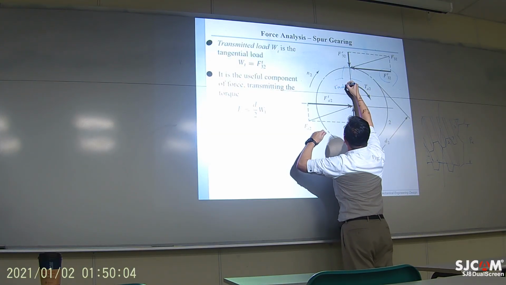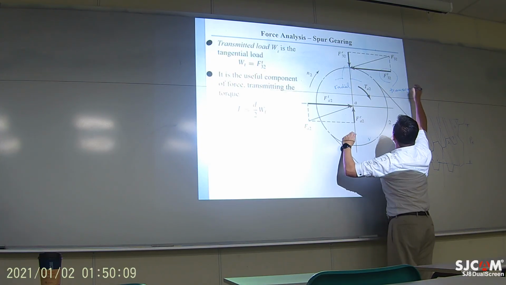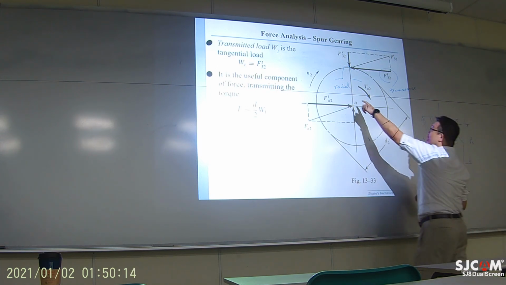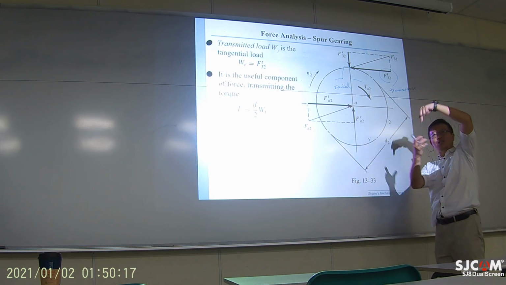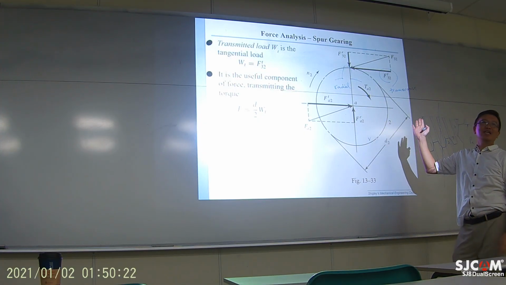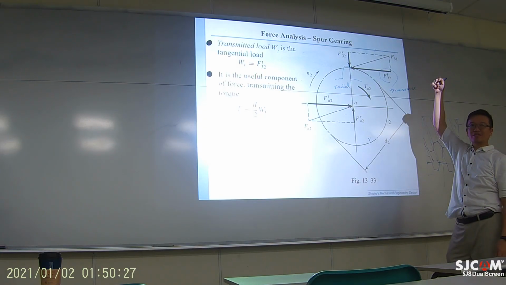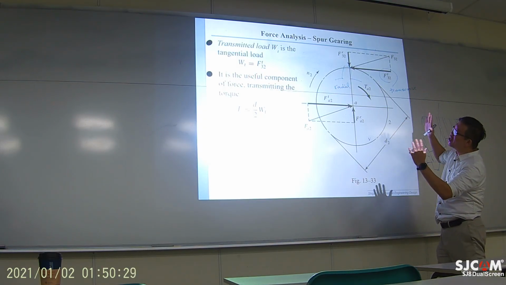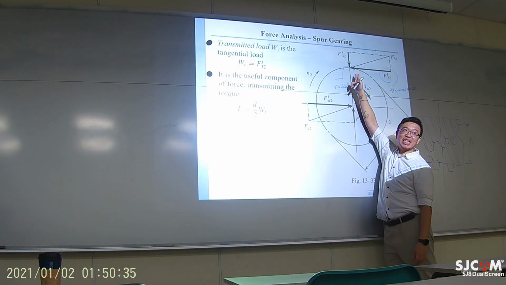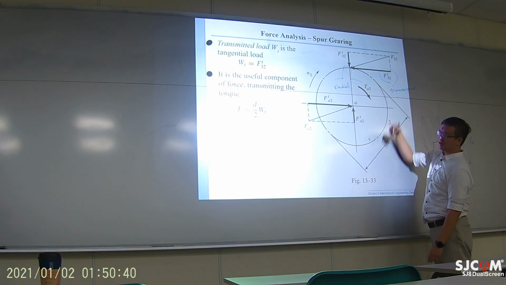R represents radial, and T represents transverse. Okay? The transverse load will bend the tooth. The radial force just pushes the tooth toward the center. Bending will cause failure to the teeth, not the pushing force. So when we are studying the stress and failure of the teeth, we care more about the transverse force. Okay.